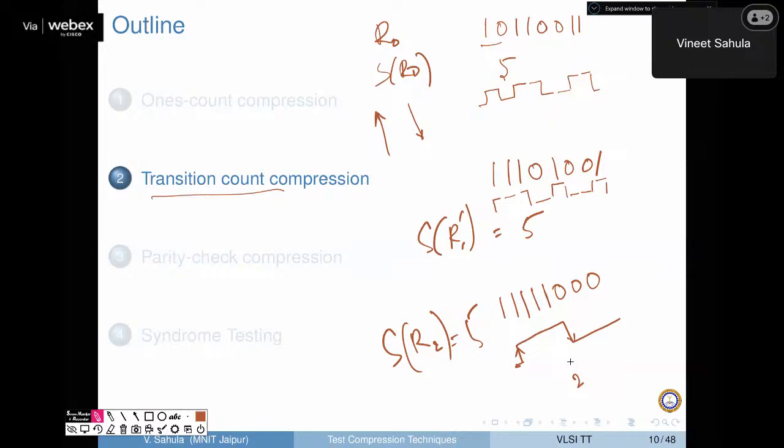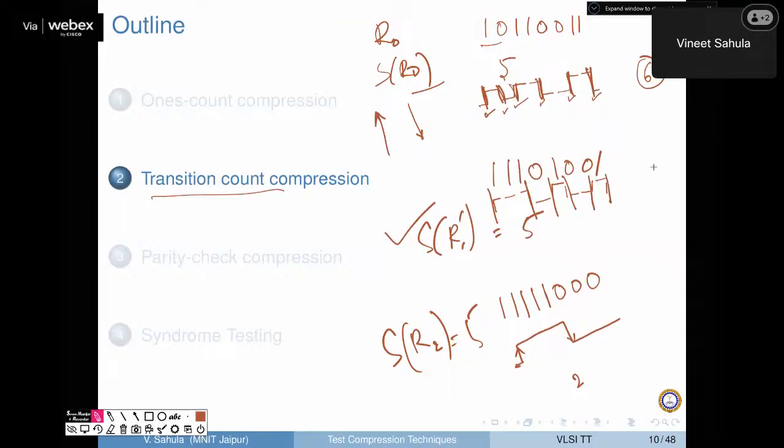For the incorrect signature, how many edges are there? One is this rising, falling, rising, falling, rising, falling. How many transitions? 6, right? One, second, third, fourth, fifth, and sixth. Here too, by the way, 6.